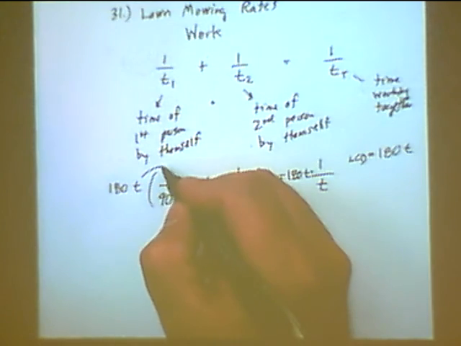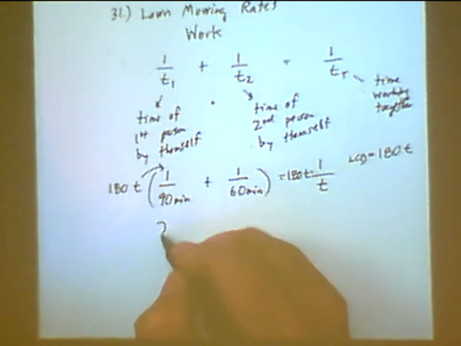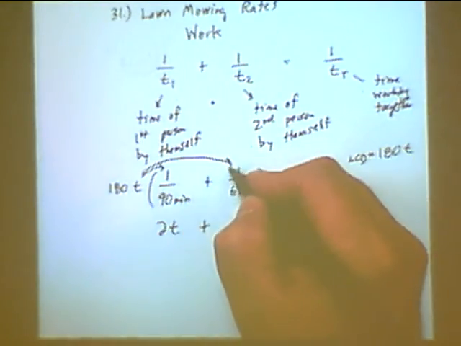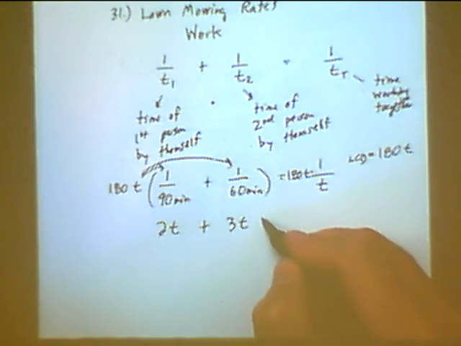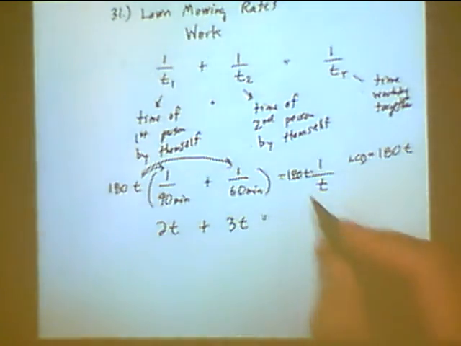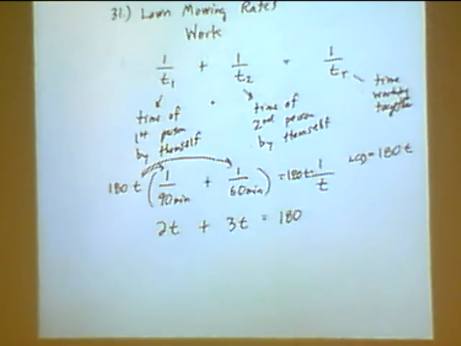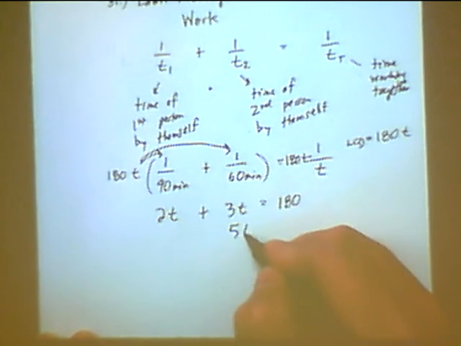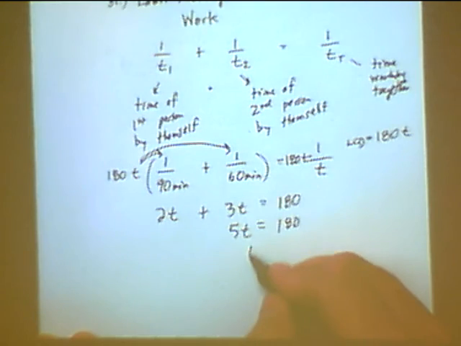So if I multiply out the parentheses, 180T times 1 over 90 gives me 2T. And then 180T times 1 over 60 gives me 3T. And on the right-hand side, the T's cancel out, and I'm left with 180. Now it's a pretty easy problem to solve. 5T equals 180.